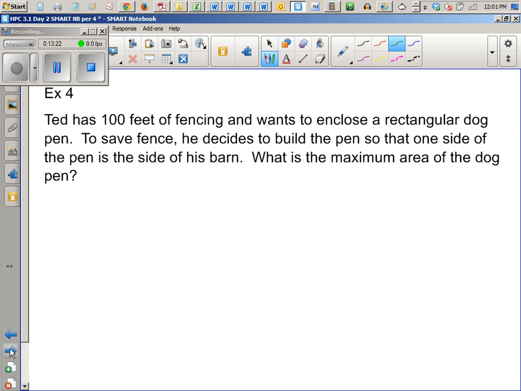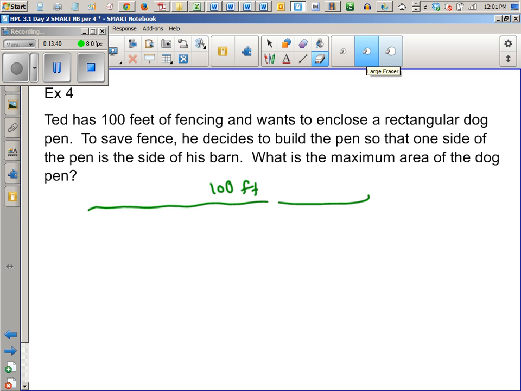Okay, let's talk about a word problem real quick. Let's say there's a guy, Ted, and he wants to build a rectangular dog pen so his dog can run around. So he goes down to the store and he buys 100 feet of fence. He could take this and form it into like a square.